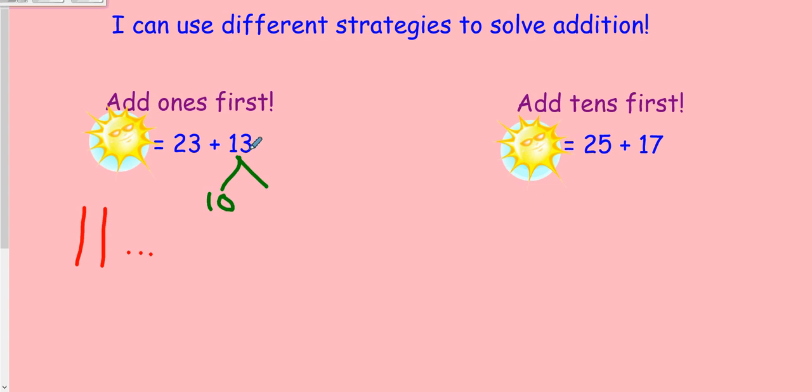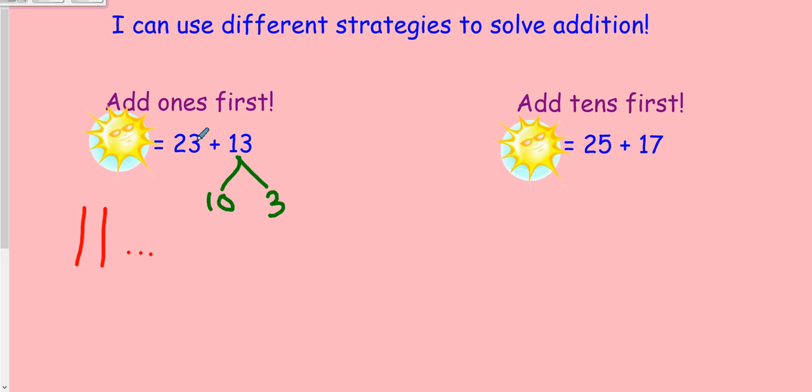I look at the ones place next. There's a 3 in the ones place. That tells me that 13 has 3 ones, so I show that in my number bond. Now our strategy said that we were going to add the ones first.